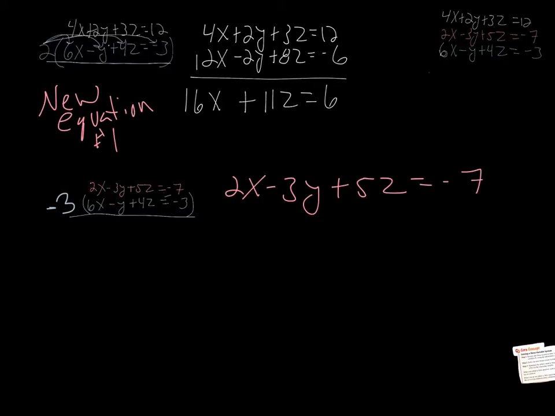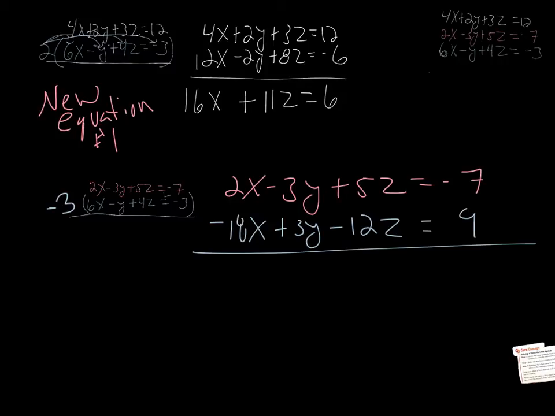And then when I distribute the negative 3, I'm going to get negative 18x plus 3y minus 12z equals 9. Then just draw a line. And now I'm just going to go ahead and add these up.